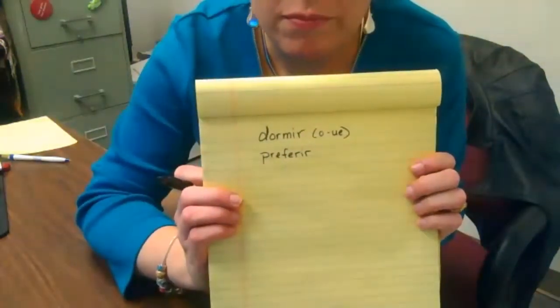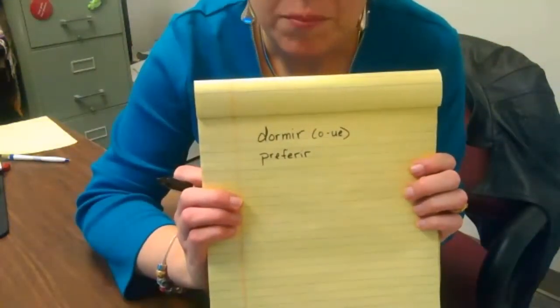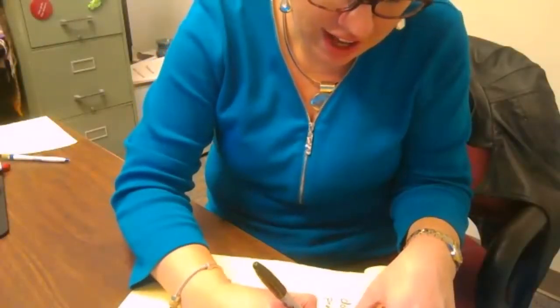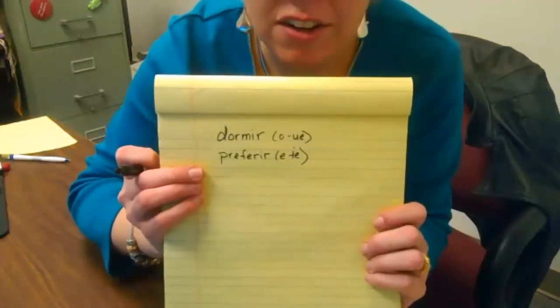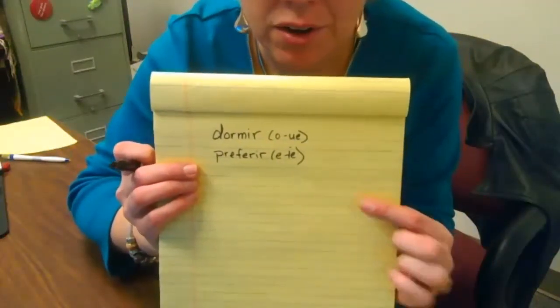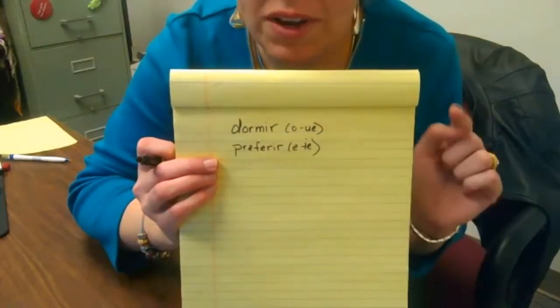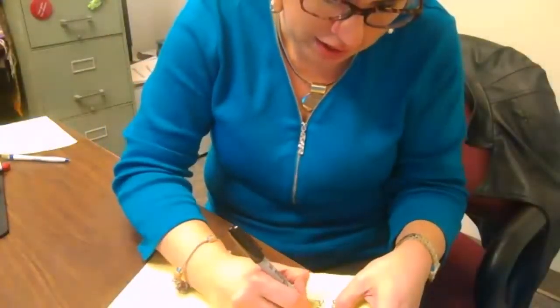Preferir was an E to IE stem changer. And which E stem changes? Because there's two there in that verb preferir. Which one will make that stem change E to IE? Always the second one. This is the one that's going to stem change E to IE.